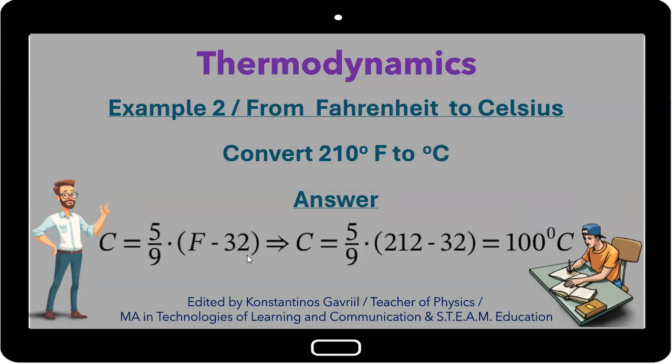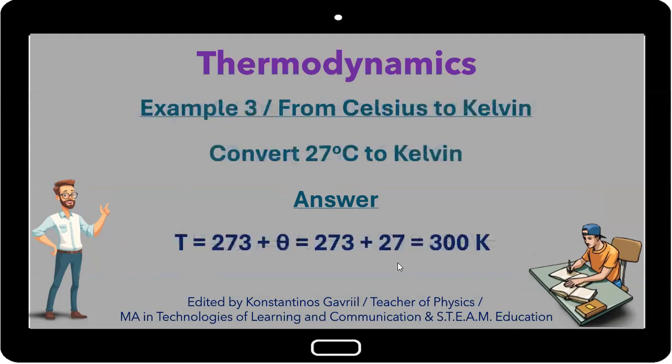We are going to get this formula. Actually, it is the same as the one before, but we have the expression of C here instead of F. So we substitute the value of F to be 212 here, minus 32, to be equal to 100 Celsius.